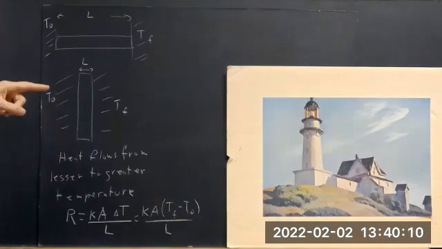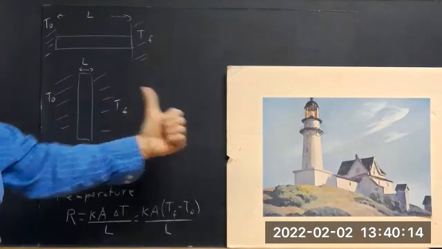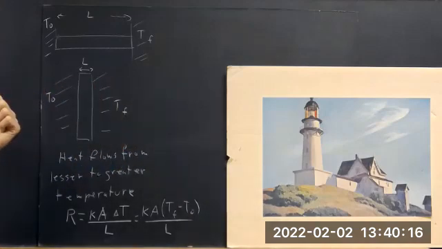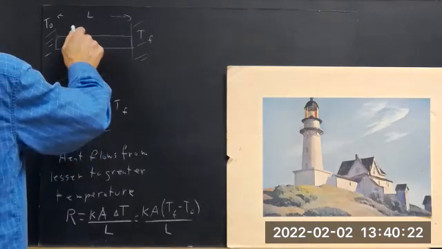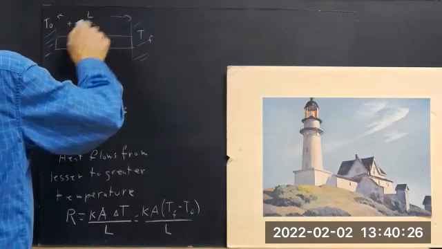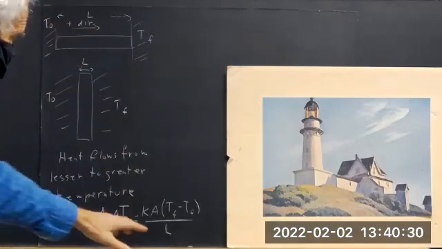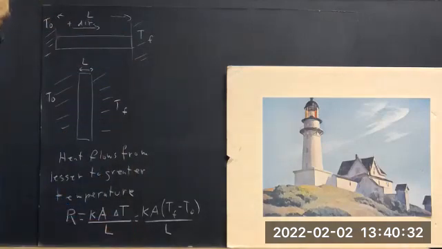So if you think that the positive direction is from T naught to TF, then a negative result means temperature is flowing this way, right? And so the positive direction is from T naught to TF. With that convention, there it is.